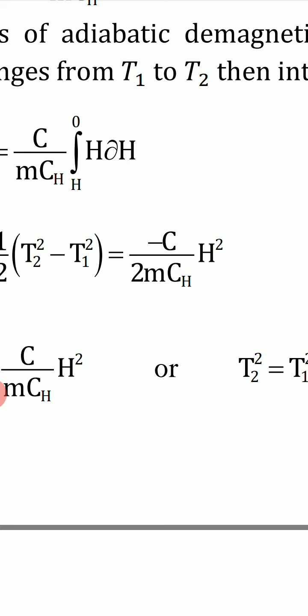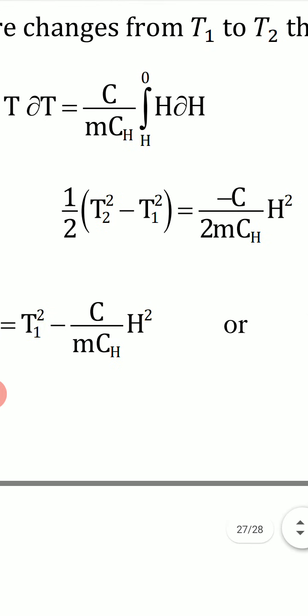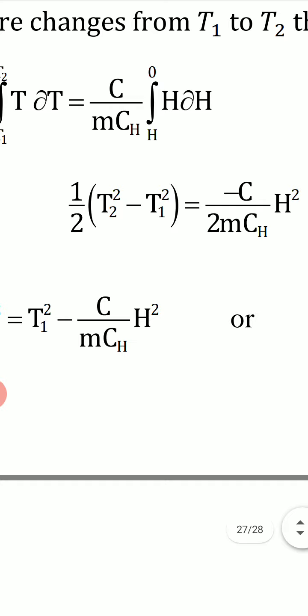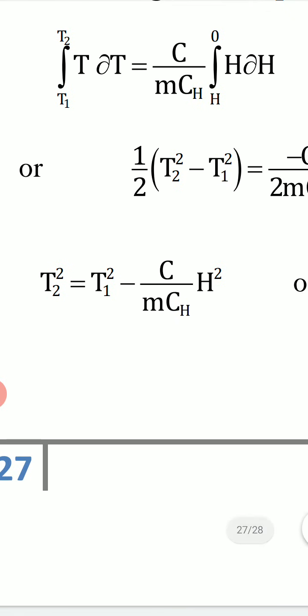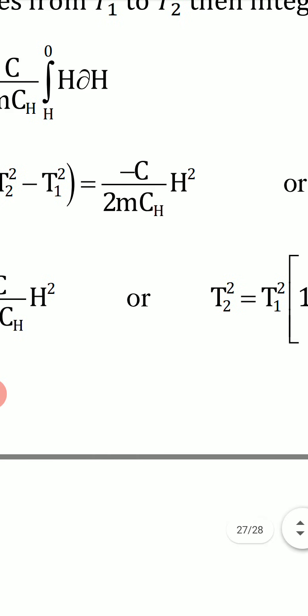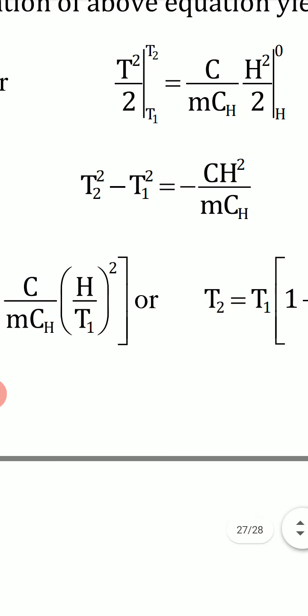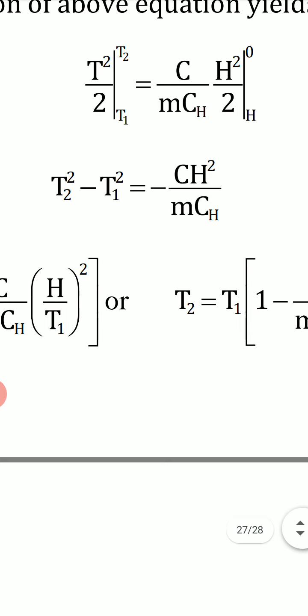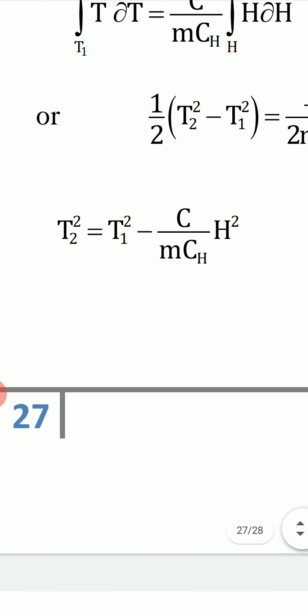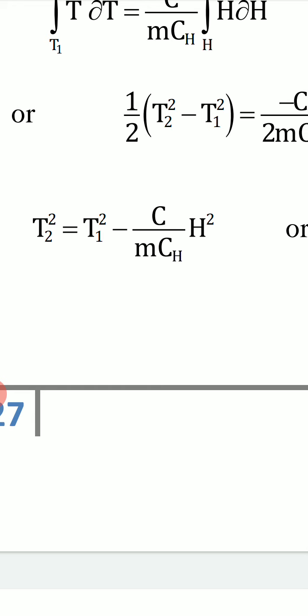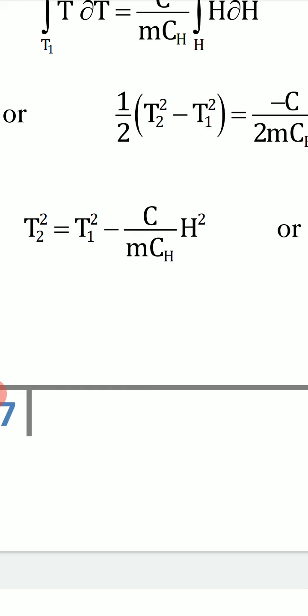If we put the limit from H to 0, then it will become minus H square upon 2. The 2 is cancelled out on the left and right hand sides, and we have T2 square minus T1 square equal to minus C H square upon m C_H, or T2 square equal to T1 square minus C upon m C_H, H square.